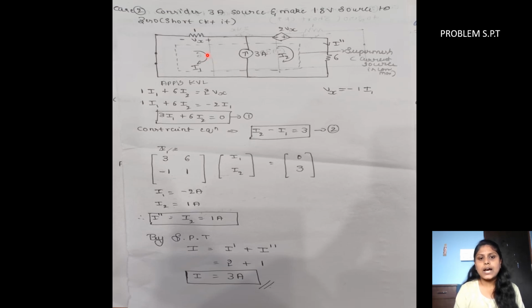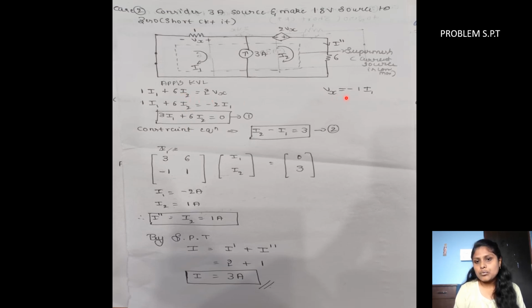We apply the KVL for the loop 1, which I have represented as a dotted line, taking both the meshes together. So 1I1 plus 6I2, because I2 is flowing through the 6 ohm resistor, is equal to 2Vx.